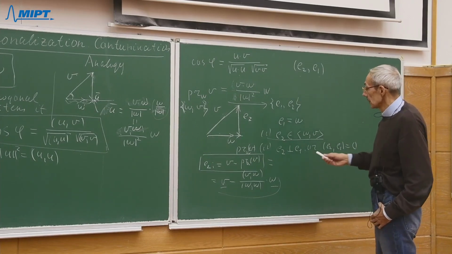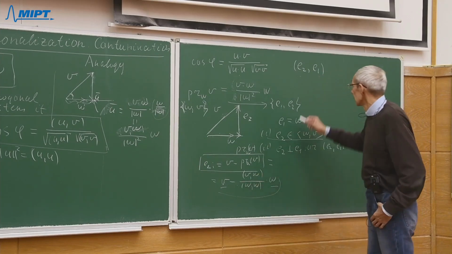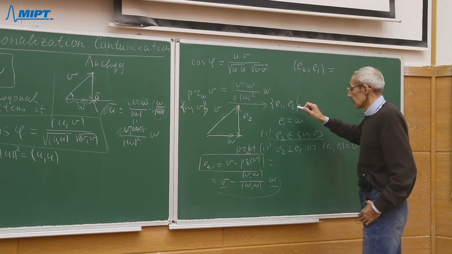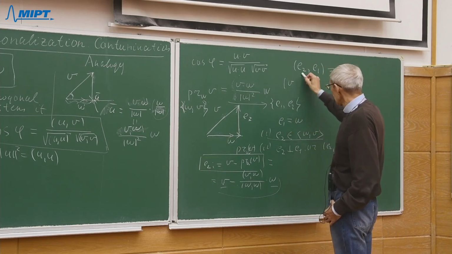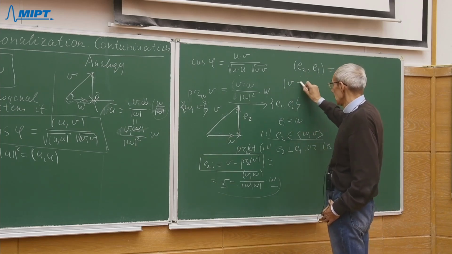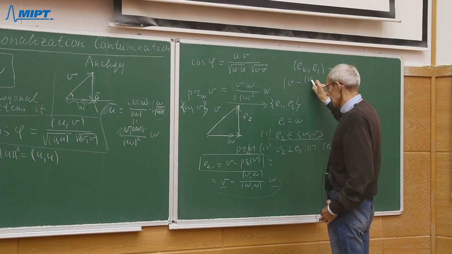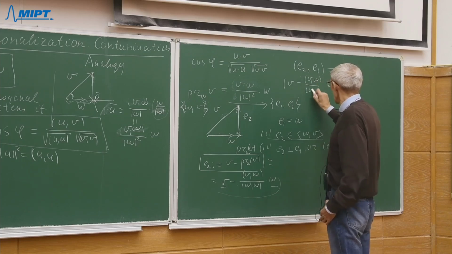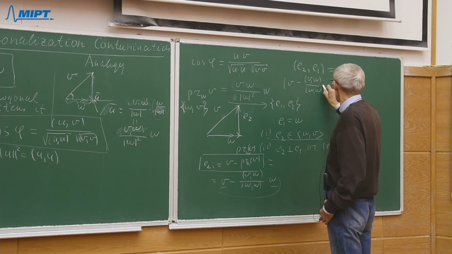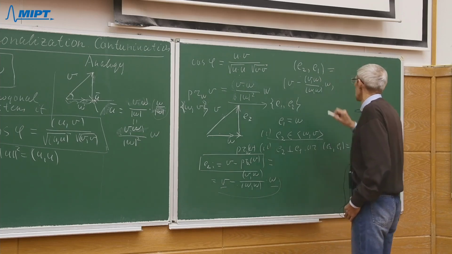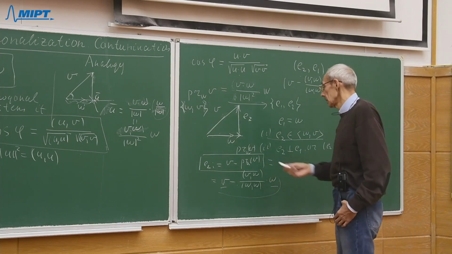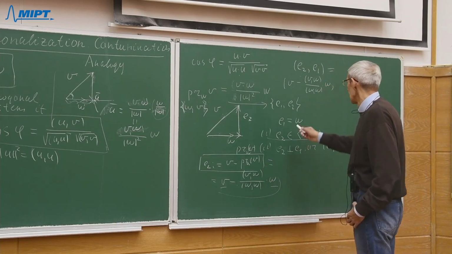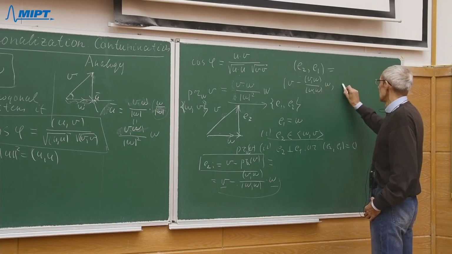We can substitute the expression for the vector e2 in this formula, and we obtain v minus the ratio vw over ww multiplied by w, and e1 is equal to w.